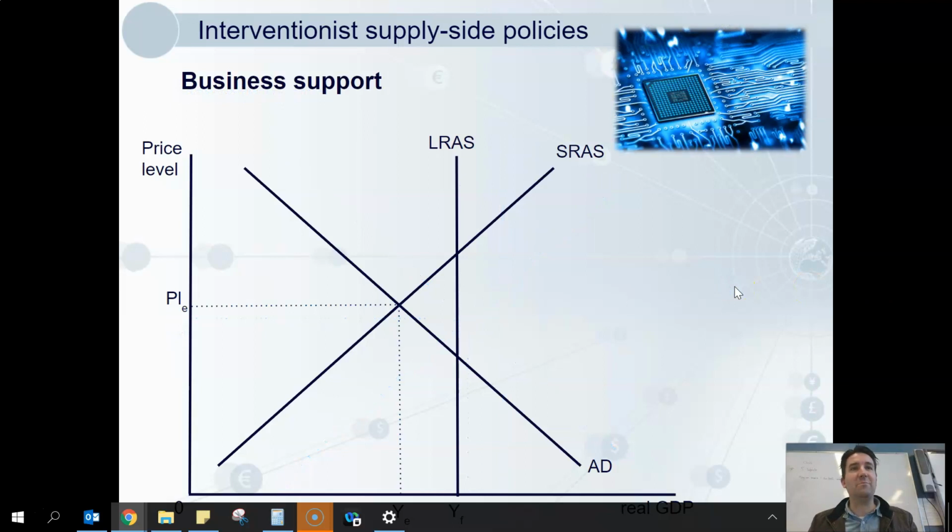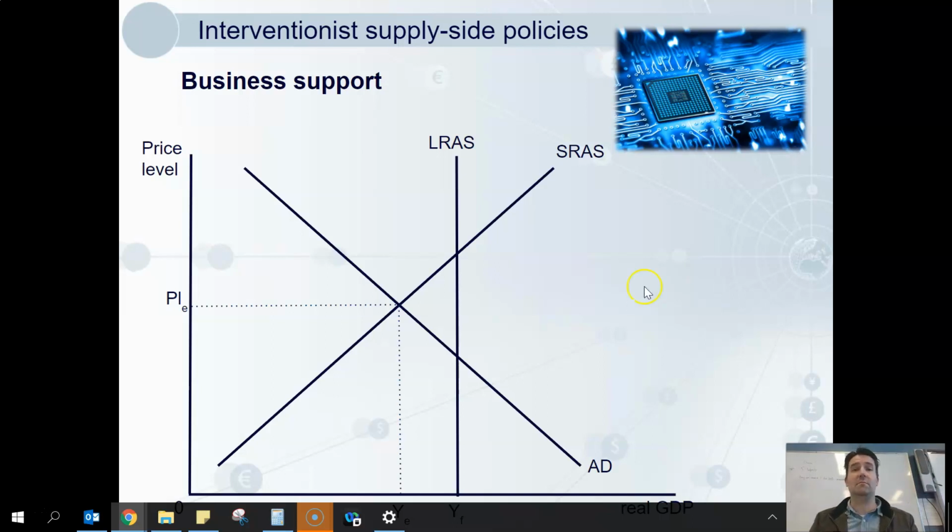Finally, there are business support schemes. These can help infant industries with some of their teething problems. An example of this was Japan providing assistance to its semiconductor industry in the 1980s. So subsidies and other preferential treatment allowed the industry to grow and eventually become a world leader.